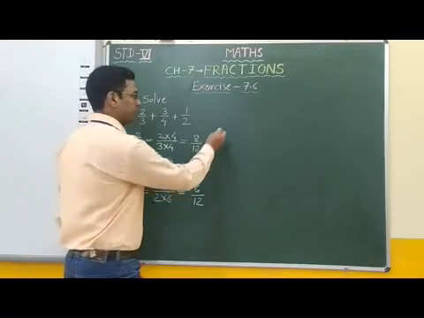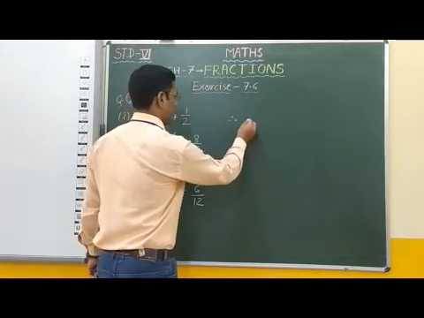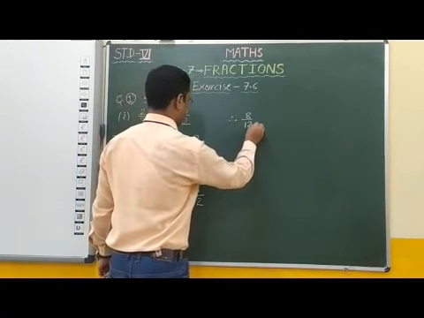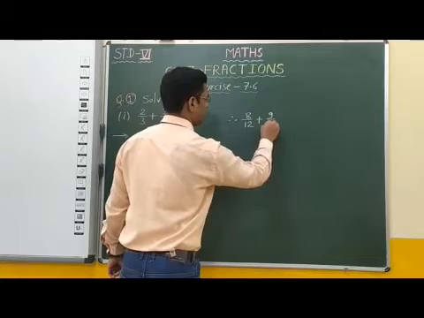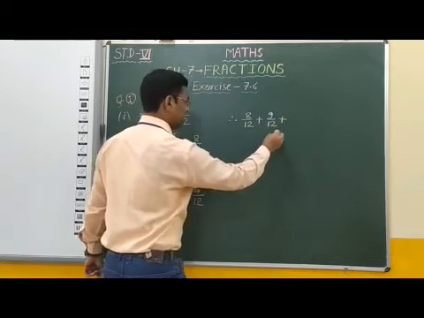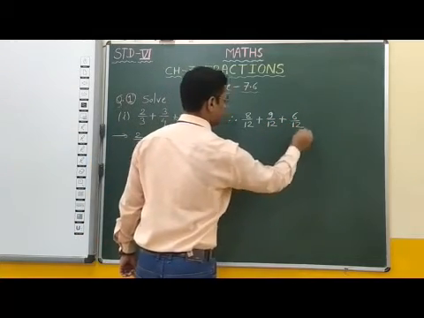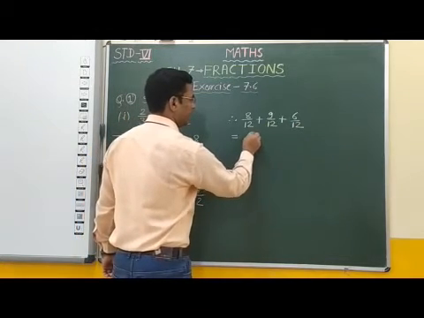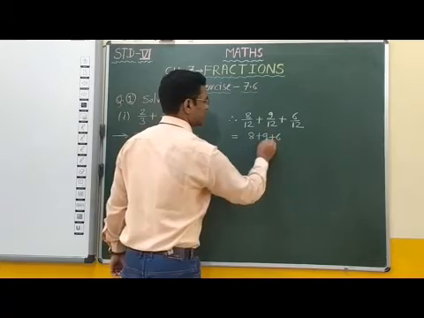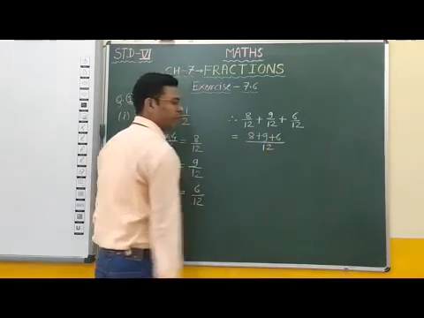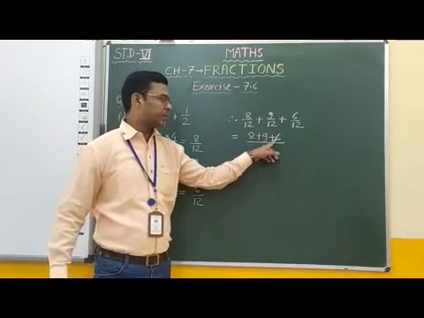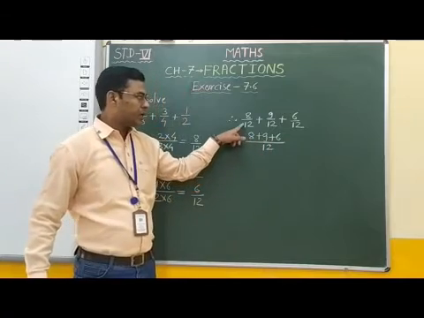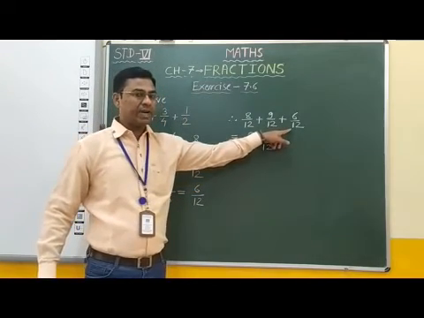Therefore we can write here 8 by 12 plus 9 by 12 plus 6 by 12, which is equal to 8 plus 9 plus 6 by 12. Here addition of like fractions.